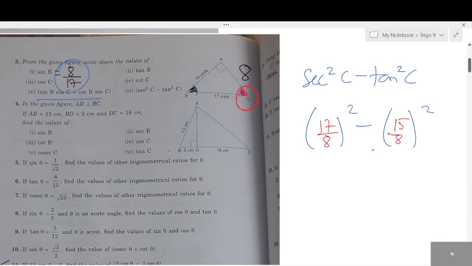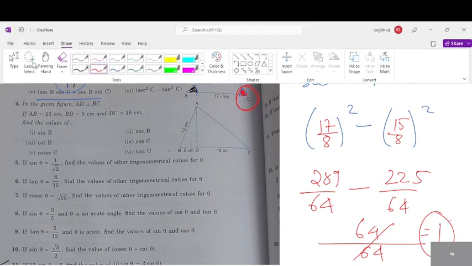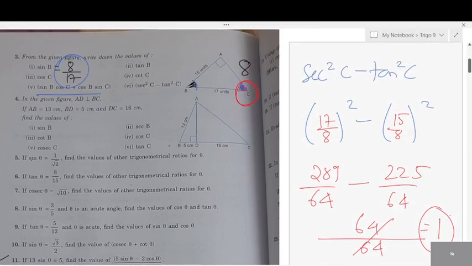Completed. 17 square. Try this. Yes, subtract. Subtract 289 minus 225. 64 divided by 64, right? The answer is 1. Okay. So that's it. Just remember this, students.